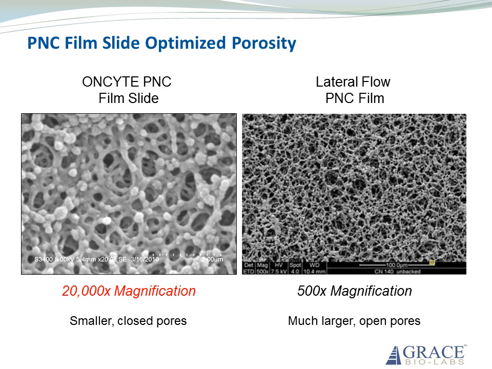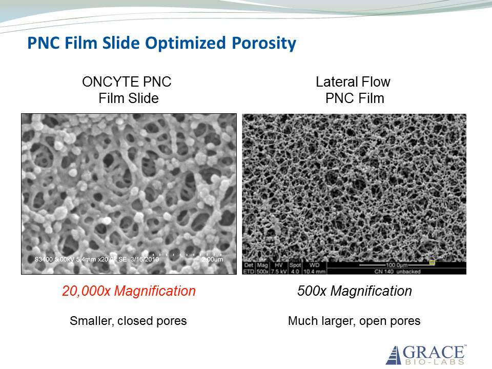The entire structure of the ONCYTE PNC shown here would fit inside one pore of the lateral flow film. The smaller, closed pore of ONCYTE PNC supplies a large surface area which contributes to its high binding capacity, while the larger open pore structure of the lateral flow film is designed for more rapid fluid transfer through the film.